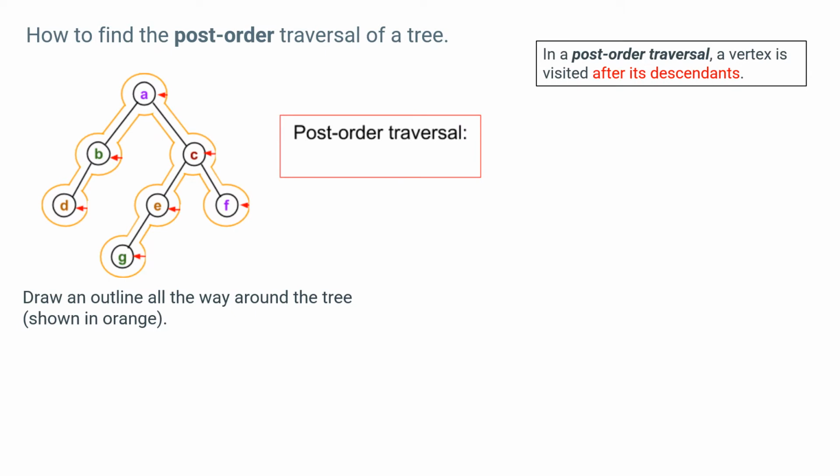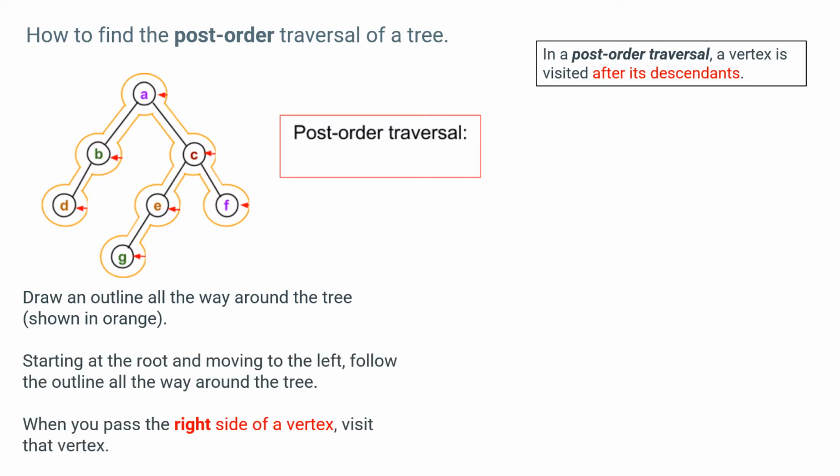We have another little trick for post-order, and that's the same, except that we're going to say that we are visiting the vertex when we get to the right of the vertex as we move along that outline. So we're going to draw the outline first, and then start at the root, moving to the left again, and then follow the outline all the way around the tree.